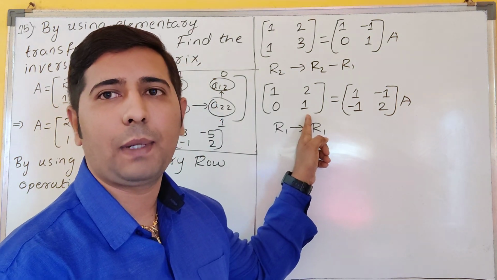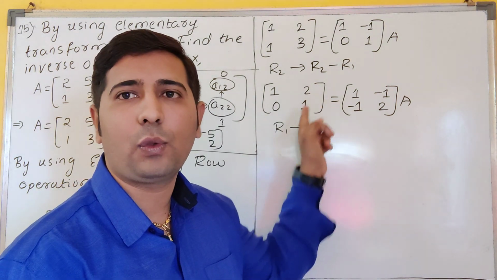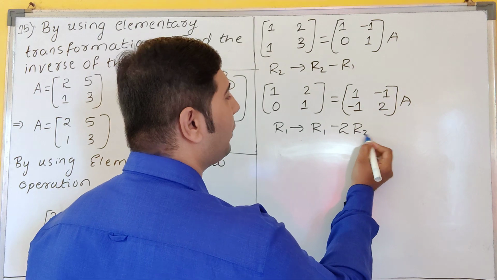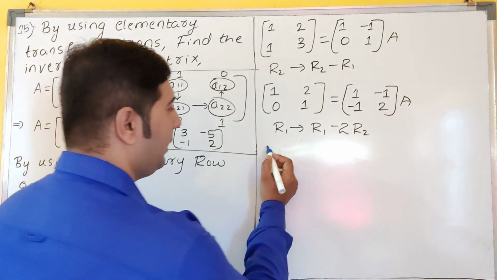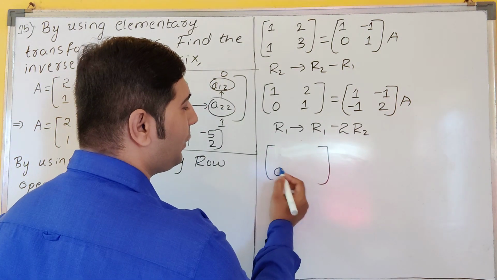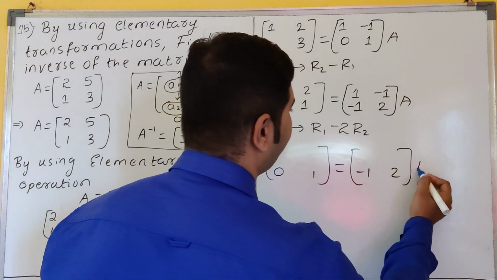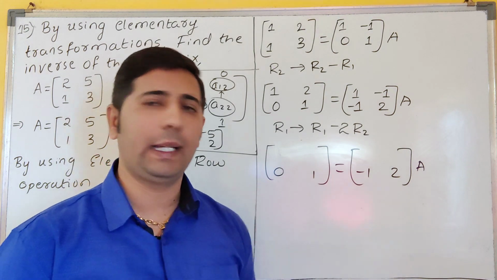So what can you multiply for this R2? You know, dear students, R1 is 2, so you can multiply R2 by minus 2. Clear? You will understand, it will become 0 here. R1 you are changing, R2 is not changing, so you write it as is. Minus 1, 2. Clear?